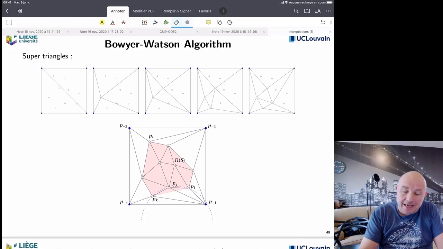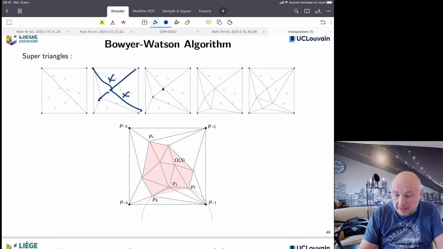Okay, and then add the points iteratively. We add that first point first, and then we create those triangles. And then we add this new point. What was the consequence of adding this new point? These two triangles here were removed, and then we have created a new triangulation. And again, and again, up to that point.